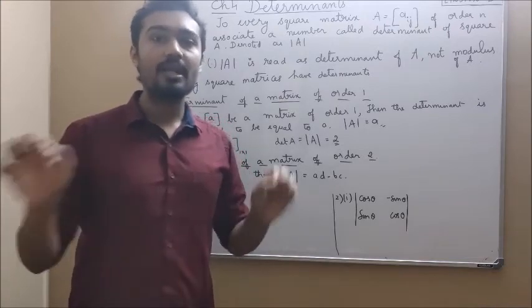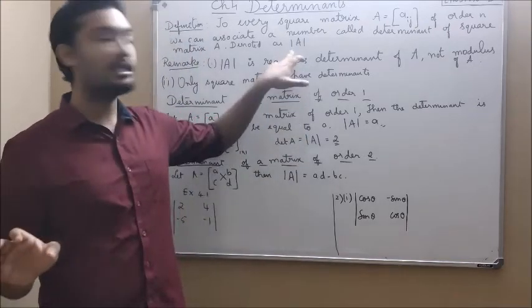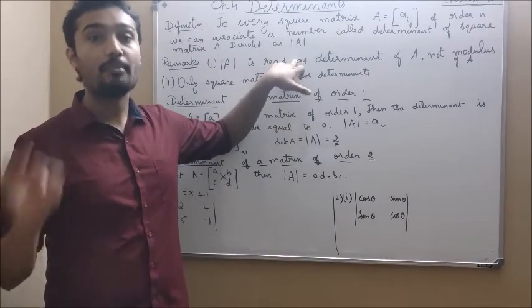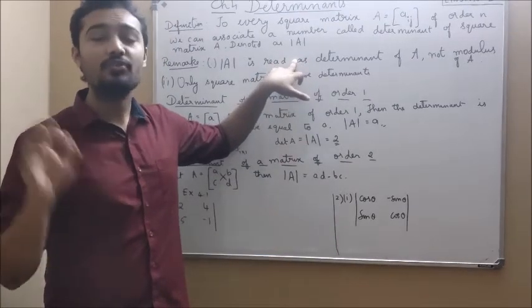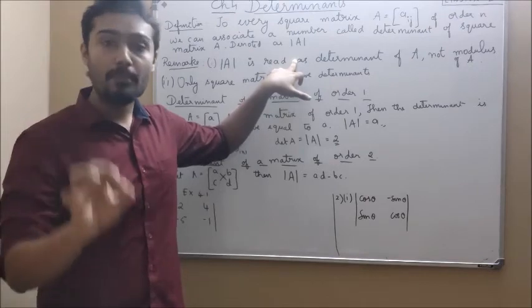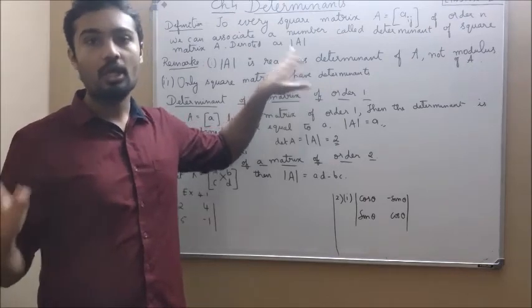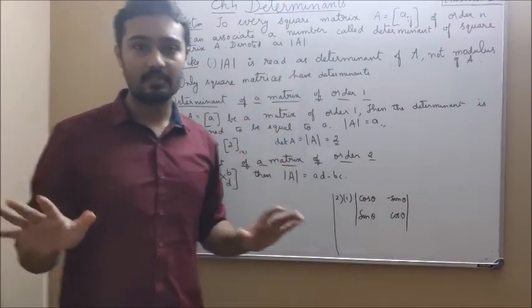For a square matrix of order n, we take the determinant. If you see this symbol for a matrix, it is the determinant. If you see the symbol for a number or element, it is the modulus. I hope you understand the difference.